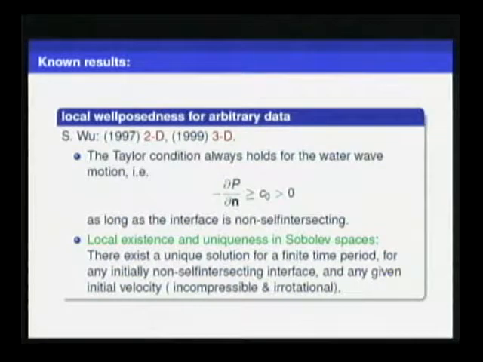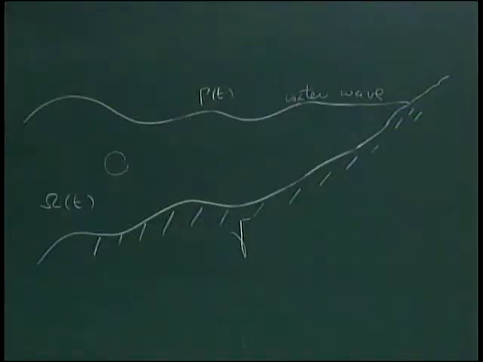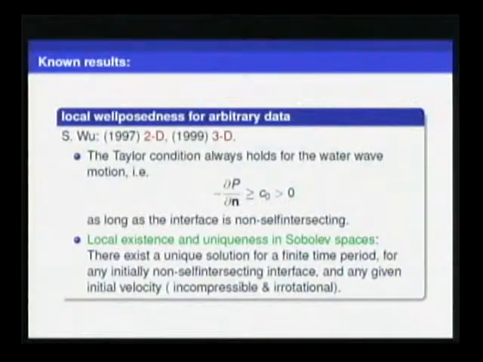Okay. But what we know is the following. The old result is this: suppose there's absolutely no bottom, no interaction, and suppose we're only working in the region where the free surface is C2 or better, so more smooth. Then the Taylor sign condition always holds, actually with a strictly lower bound, c0 greater than 0.